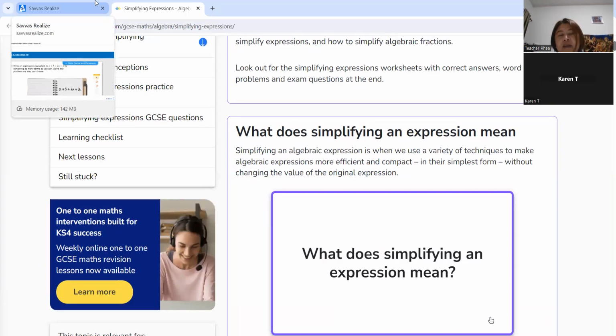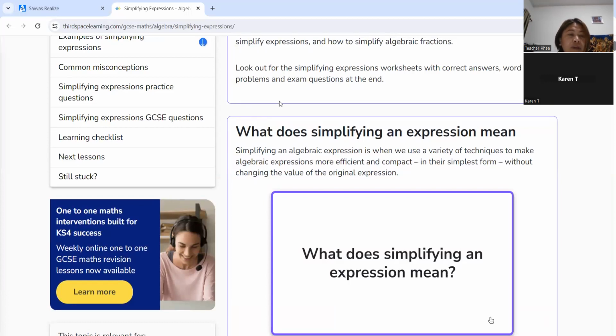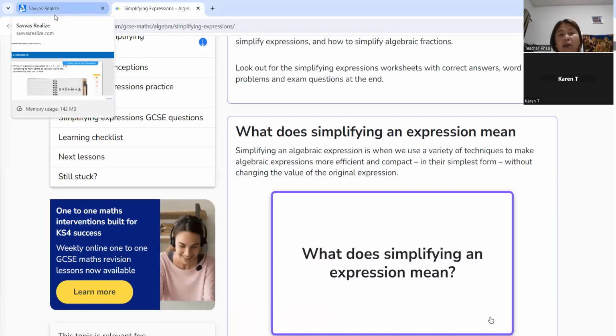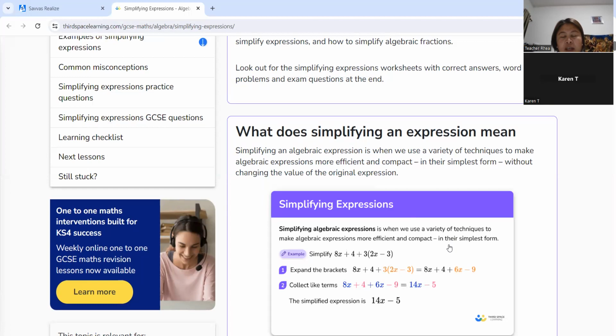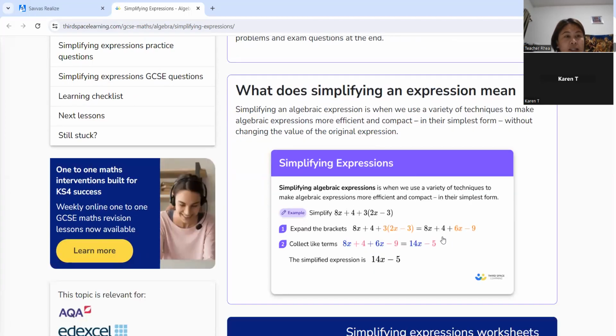So in their simplest form, without changing the value of the original expression, so that it would be easier for you to evaluate the algebraic expression.